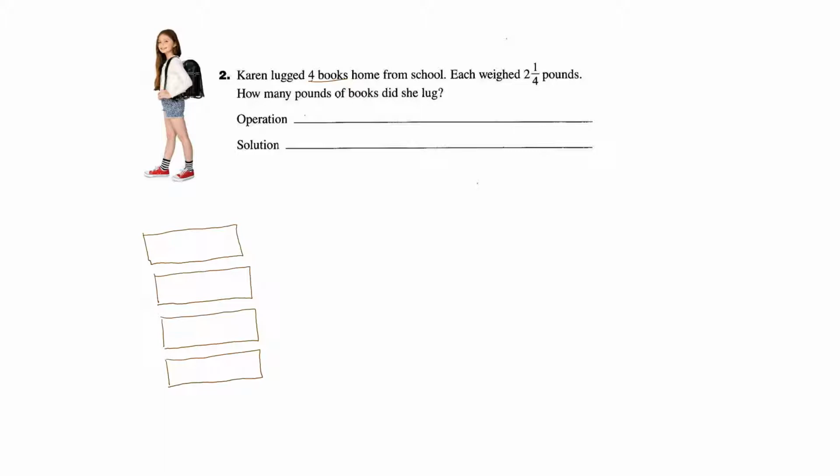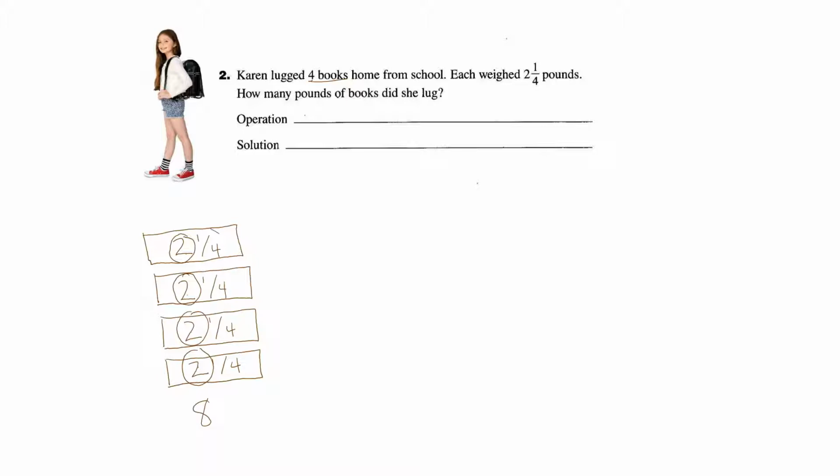Now, each book is 2 1/4 pounds. We want to know how many pounds in all. We can add 2, 2, 2, and 2, which is 2, 4, 6, 8.